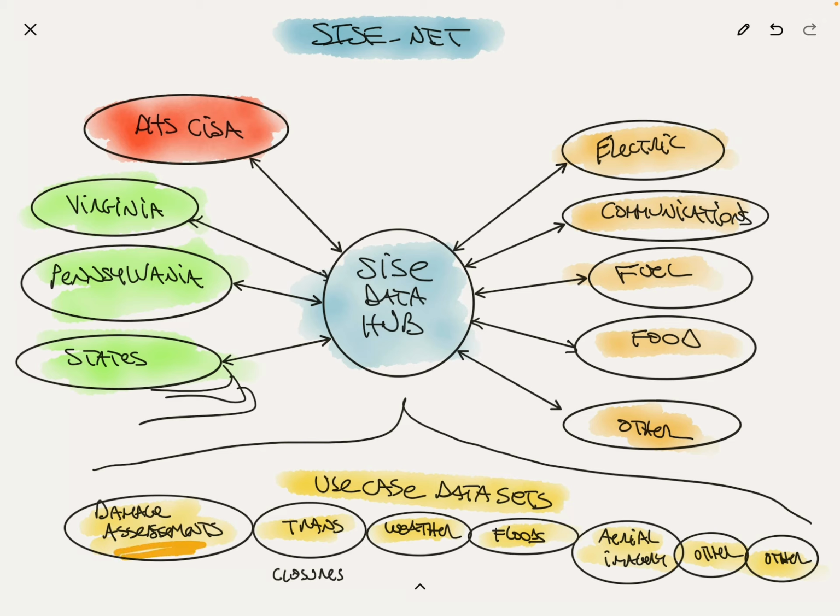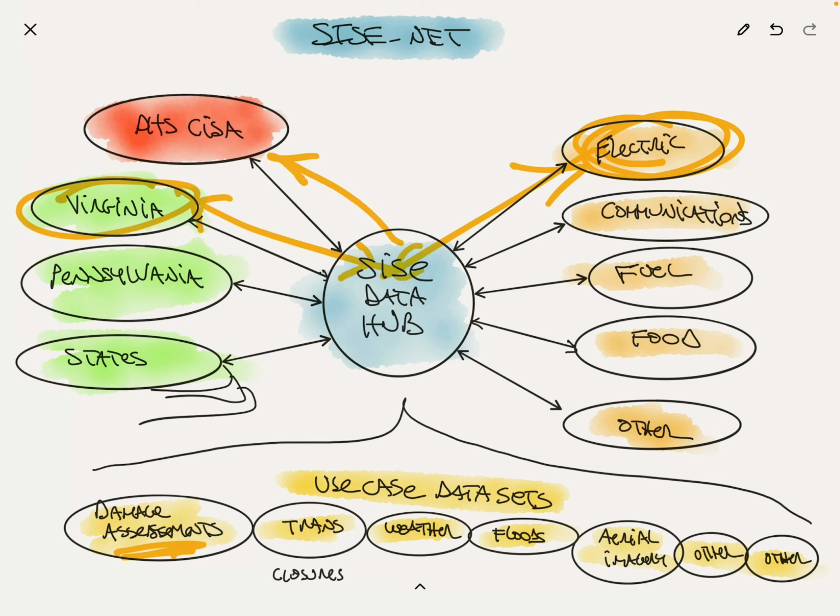So the first one we're going to be looking at is damage assessment. So the first opportunity here is we're going to use Dominion Power and Virginia, and we're going to sync up that information through the SISE, where it can be two-way information, and we're going to feed that into DHS CISA as a consumer. DHS CISA isn't going to contribute, they're going to consume, right?